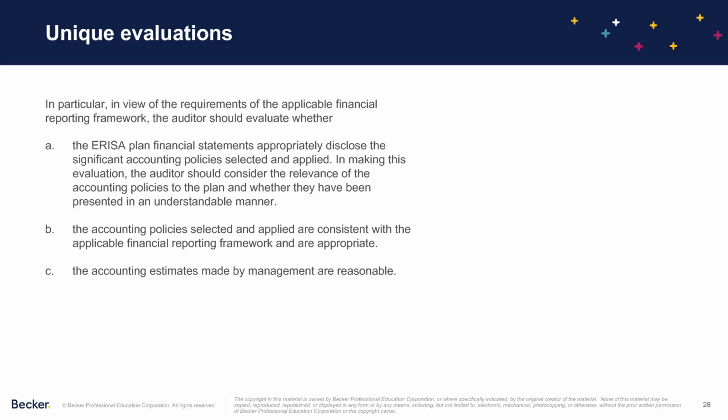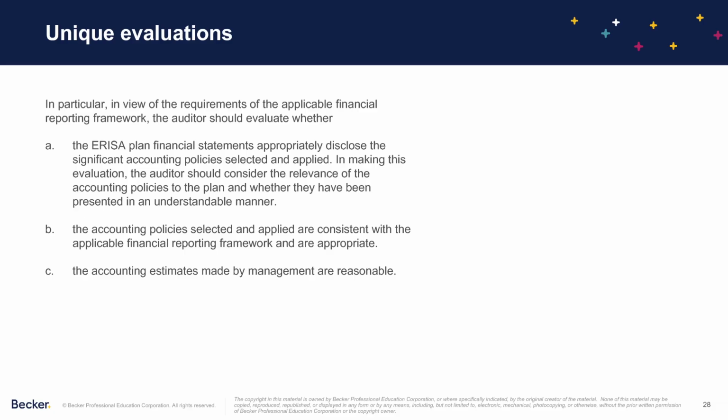When we're making this evaluation, the auditor should consider the relevance of the accounting policies to the plan and whether they have been presented in, here's a key term, an understandable manner. Right, so disclosures is a key area here. When we're looking at a financial statement, remember they're integral to the financial statements. The notes are not separate, they're really part of the financial statements. So are they presented in a way that is understandable?